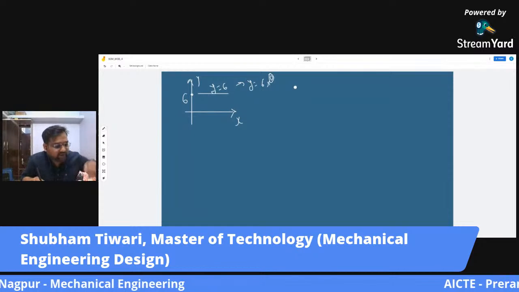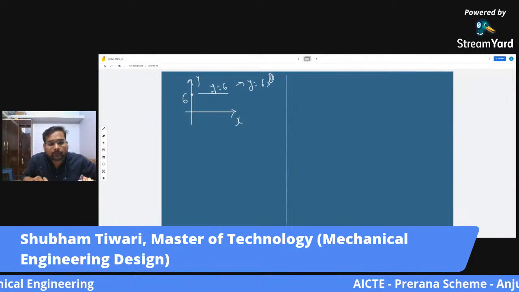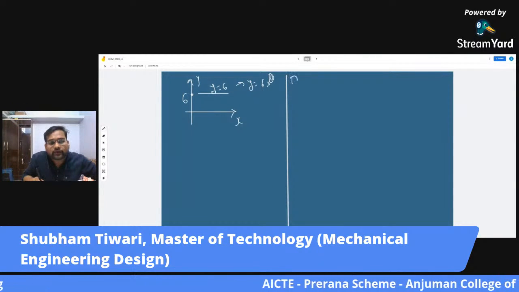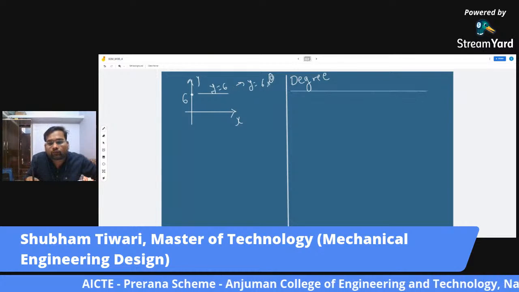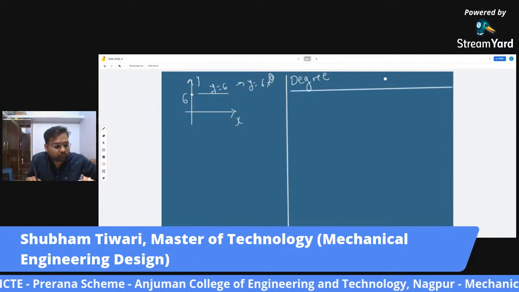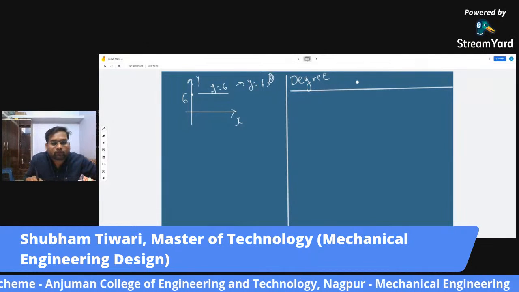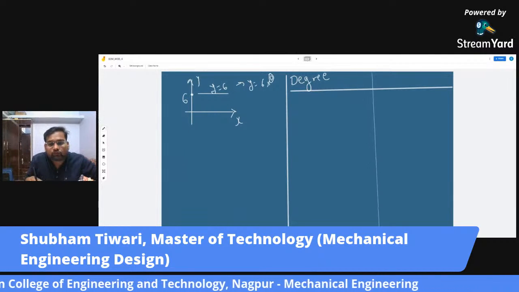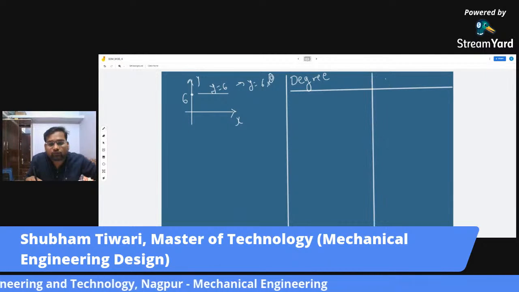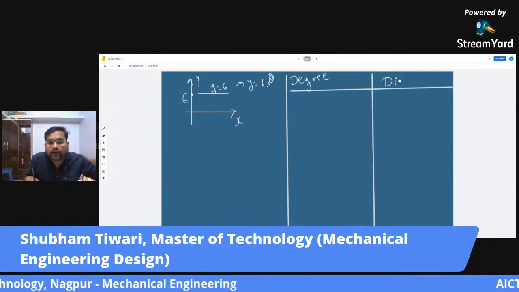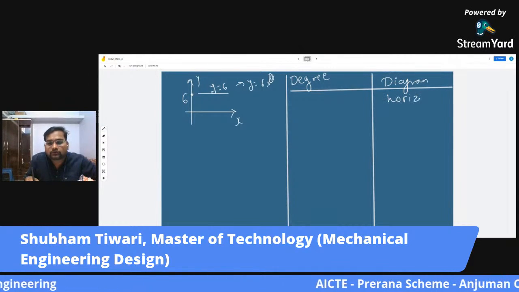So the degree, here I will write degree, here we will have a diagram. It's a horizontal line.